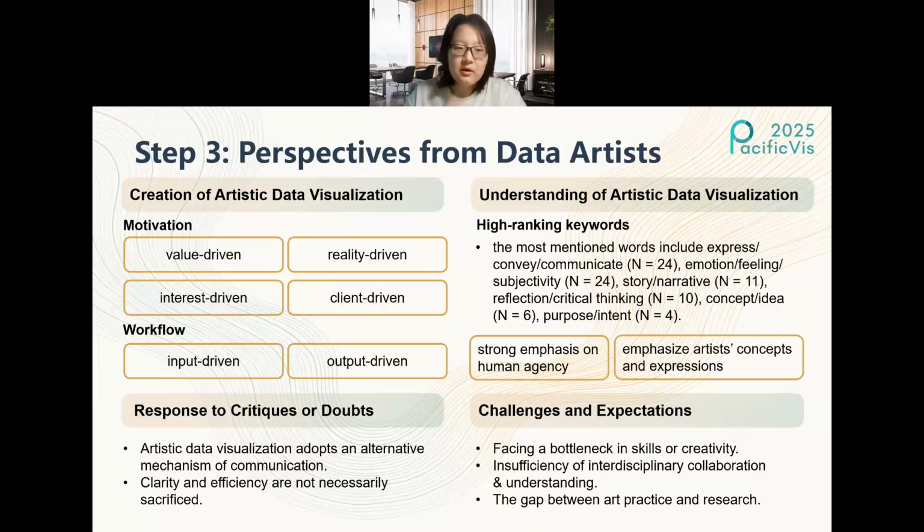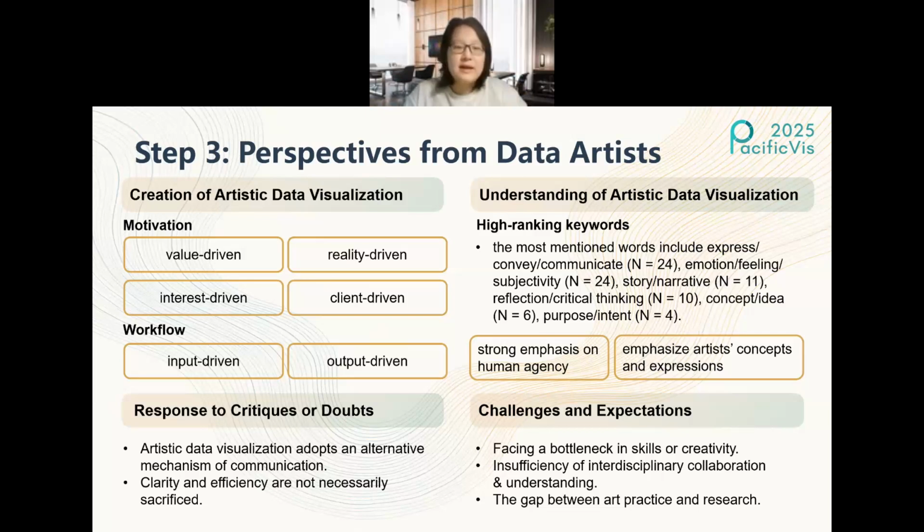For this insufficiency of collaboration and understanding, many artists that we interviewed hope for scientists to join in and enhance professional knowledge of data and to collaborate with teams specialized in data processing. Like if you want to get some generative art, you best have experts in algorithms.